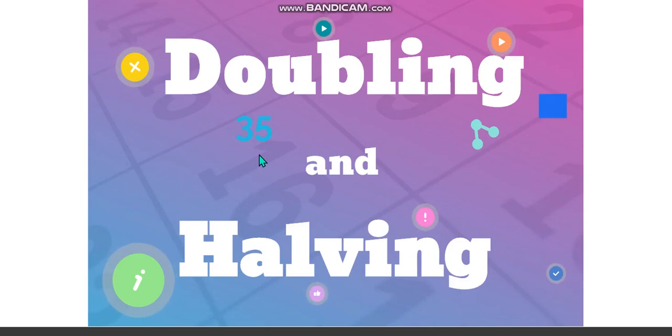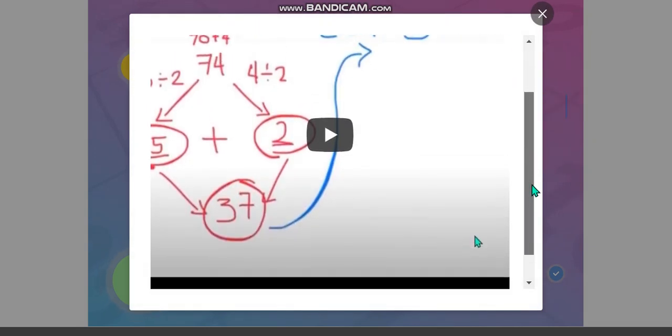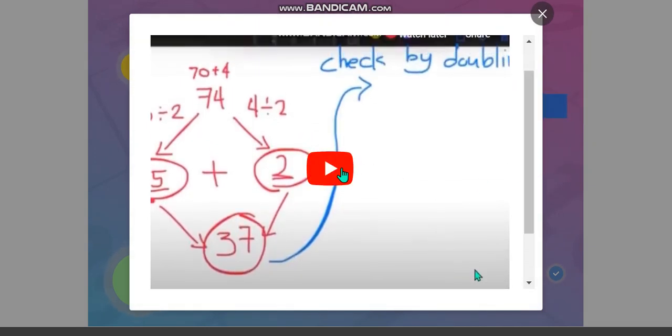Now let's go to undoing halved numbers by doubling. Okay, and let's watch this video. Now, just now we said that halving and doubling can undo each other. So we are going to find out by solving our 74.